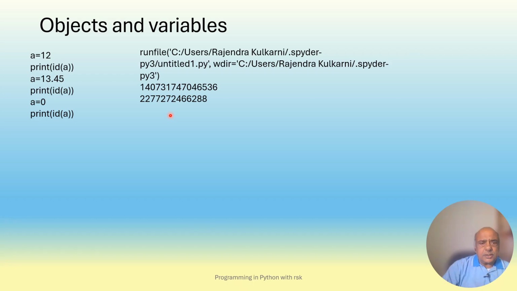So an object 0 is created and its ID is different from the earlier object of type int having a value 12, created by the compiler. Then A is assigned true, so it is a fourth object which is true that has been created, having an ID ending with 7504.